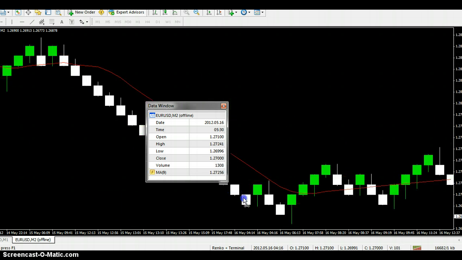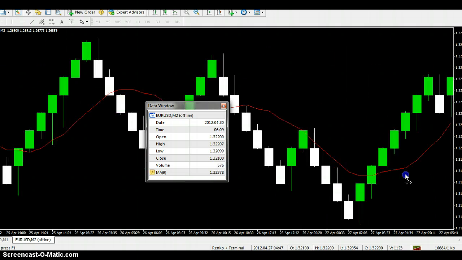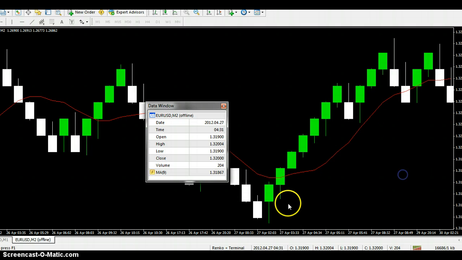Let's assume the case of going long. So this is the candle whose open is falling in the range of 3180 to 3190. The moving average is at 3184.